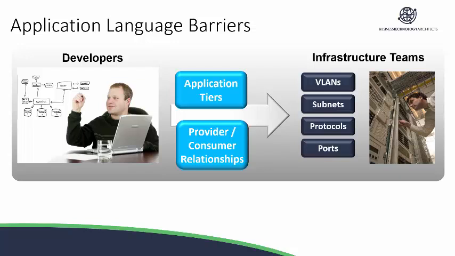When we talk about the language between developers and infrastructure teams, developer teams and infrastructure teams speak different languages. Developers talk about a provider-consumer relationship where the application is consuming traffic from a database, or a web tier is consuming information from an application layer. So that group of components will provide a function which is consumed by another group.